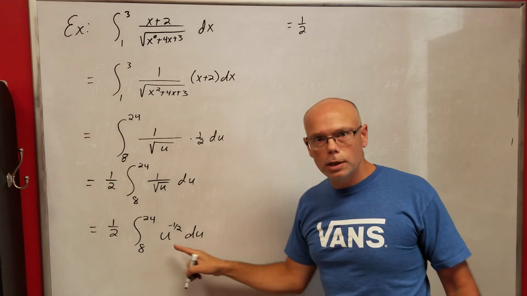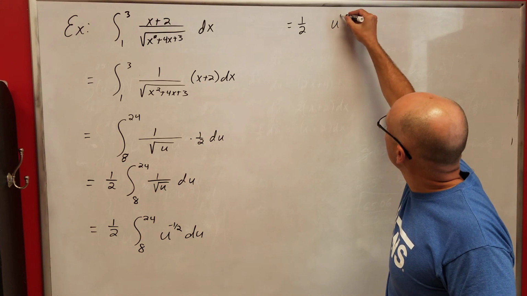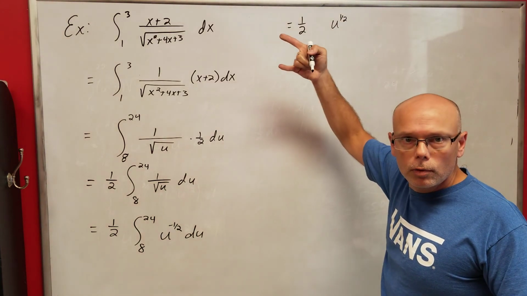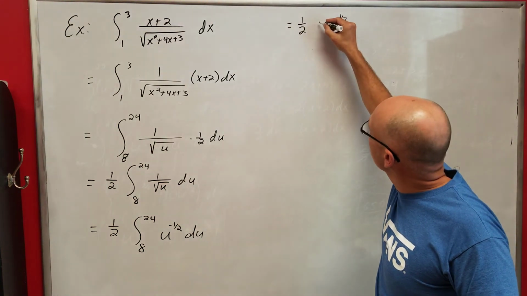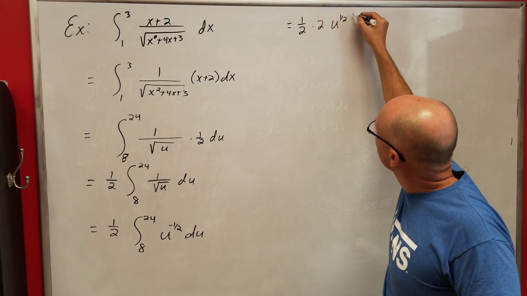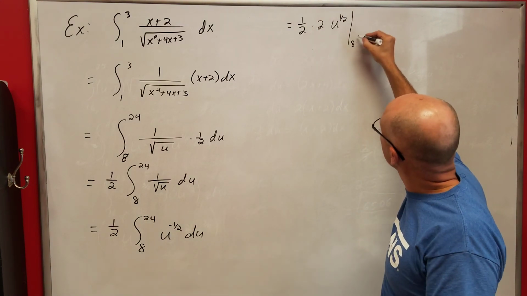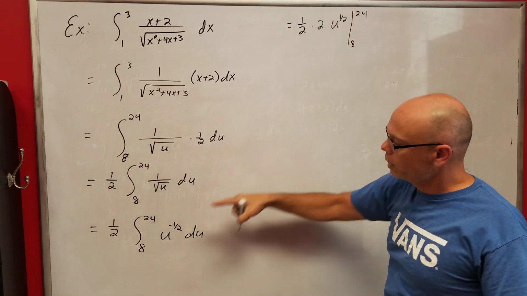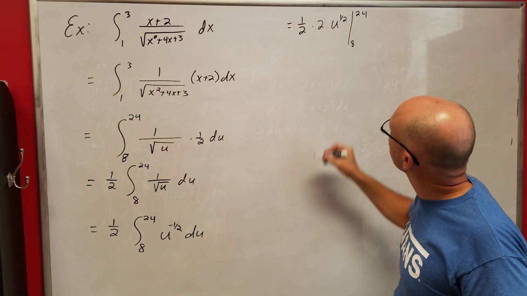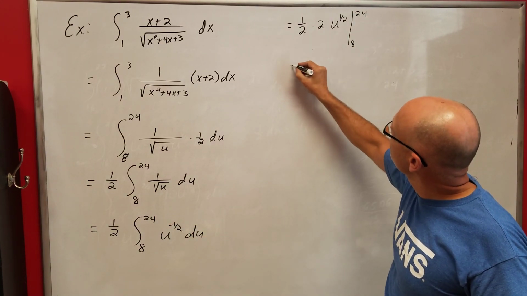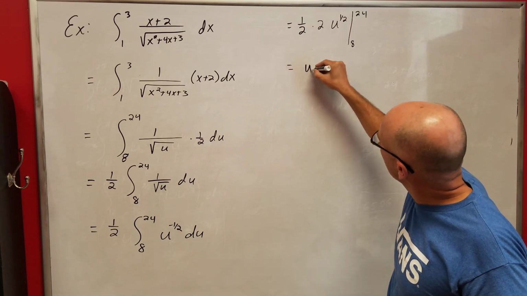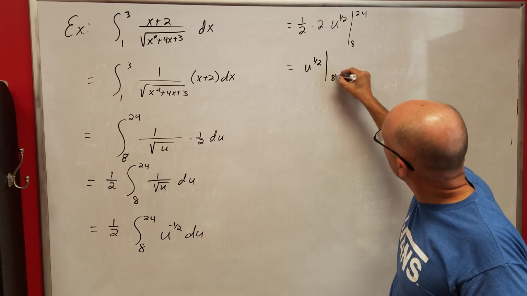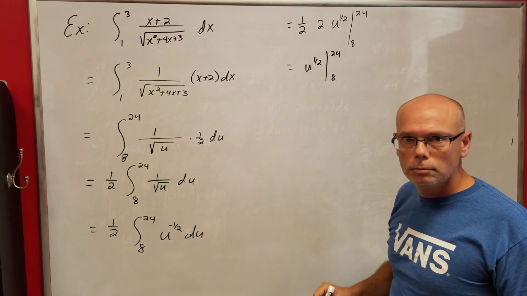What's the integral of u to the negative 1/2? U to the positive 1/2 over 1/2, or I could say multiply by the reciprocal, 2. From what to what? 8 to 24, right? Well, 1/2 times 2 is just 1. So really I have u to the 1/2 from 8 to 24.